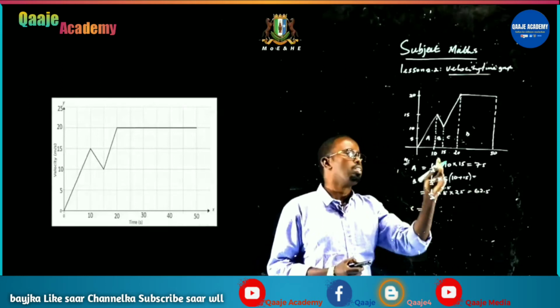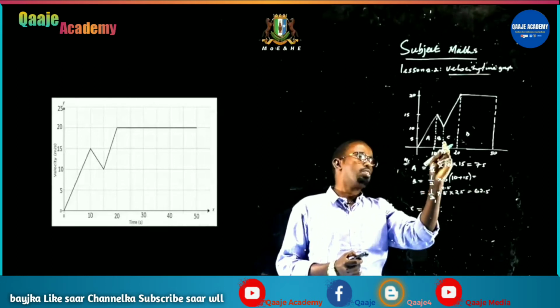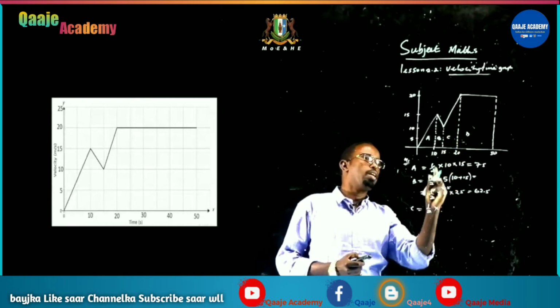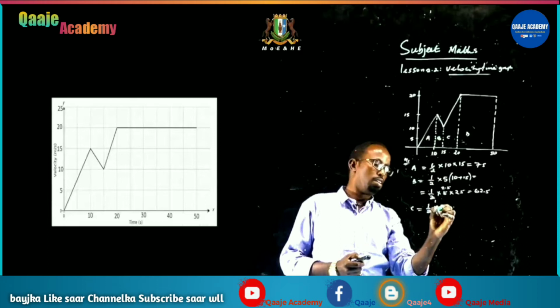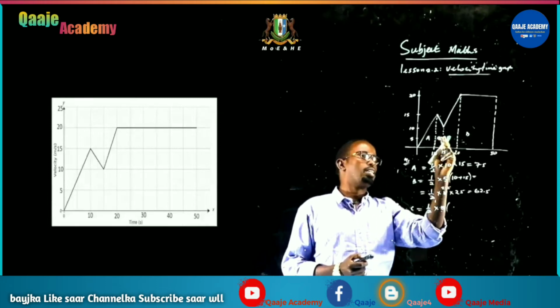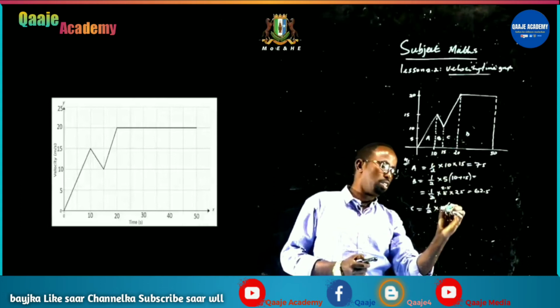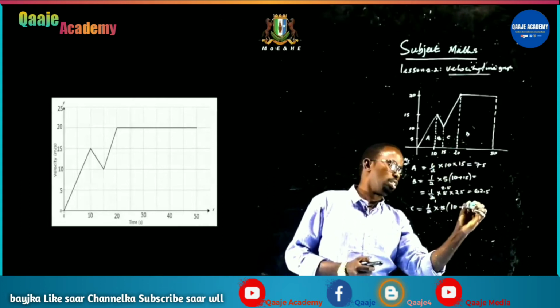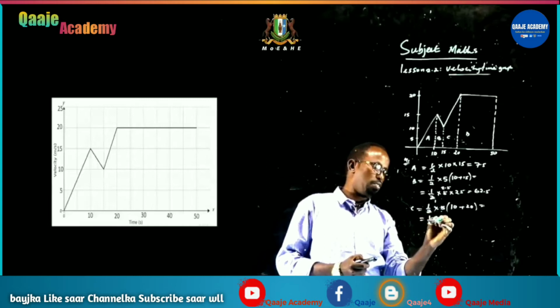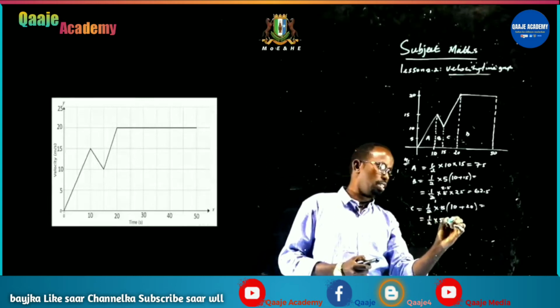See? This is another trapezium. These are the parallel sides. A half multiplied by the height, which is 5, and then the parallel sides will be 10 and 20. Therefore, we get a half multiplied by 5 multiplied by 30.